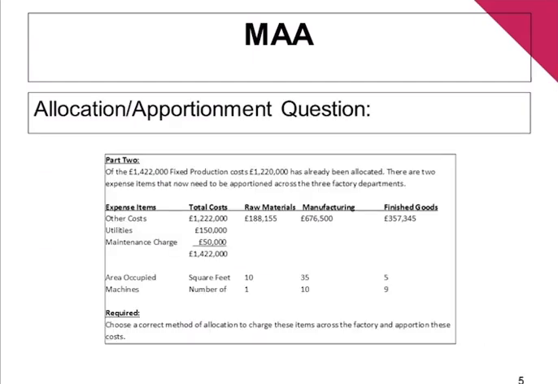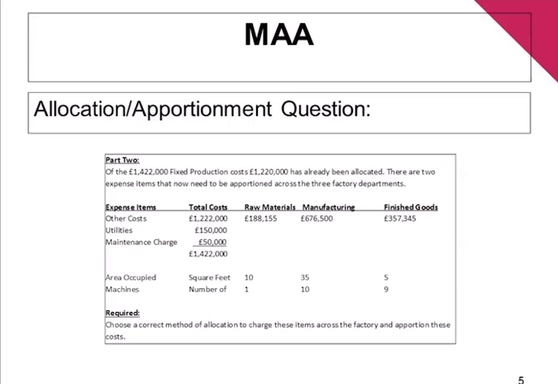So let's move on. Our next one is something again that you should have done in level 4, but you need to see how we do it in an old-fashioned way before you then move on and look at activity-based costing. So allocation, apportionment, all that really means is sharing your costs across the factory.